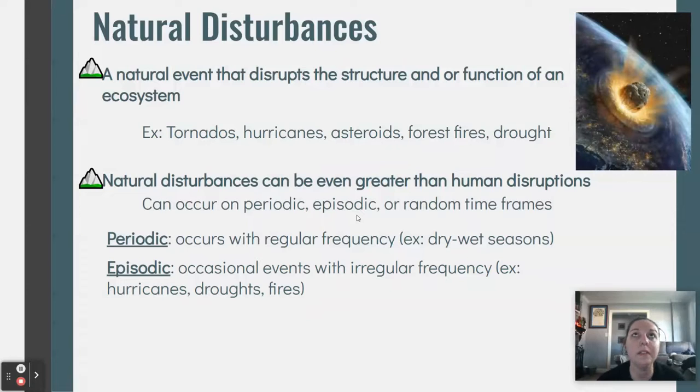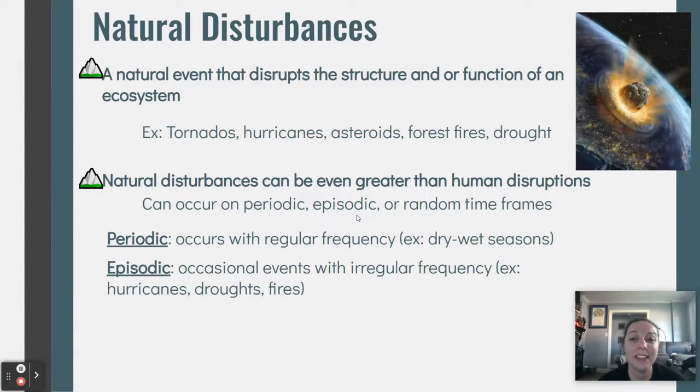Episodic, these are going to be events that do happen frequently, but they're going to be irregular. So we can't really predict exactly when they're going to happen. We know hurricanes happen, but we can't predict in advance when a hurricane is going to happen.